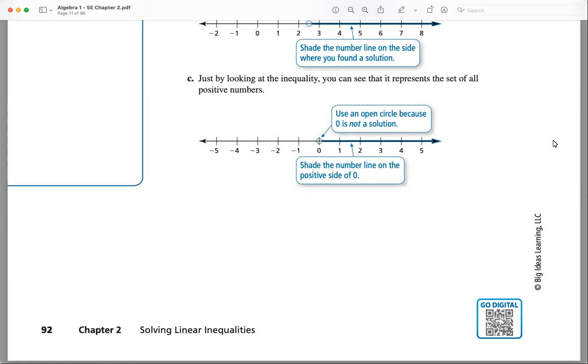So again, open circle to the right, and of course, include the arrow in your shading. Again, it's always easier to shade with a highlighter. That's how I do it. I find it so much easier. And you're going to see me highlighting the same thing when we start doing the examples on page 93.